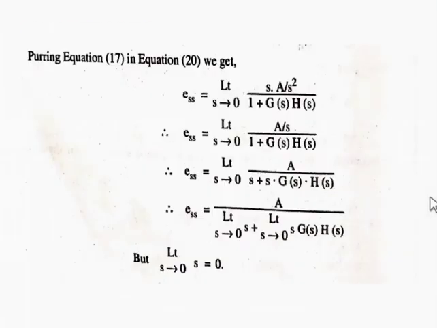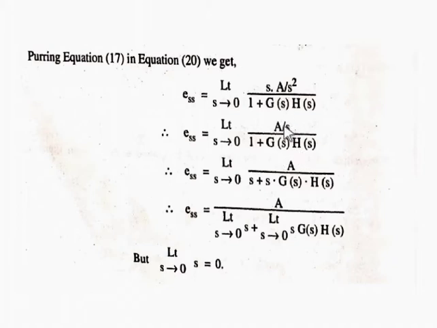So equation 20 becomes Ess equals limit s tends to 0 of s times A by s square divided by 1 plus GsHs. One s will be cancelled out, and the steady state error equals A by s divided by 1 plus GsHs.